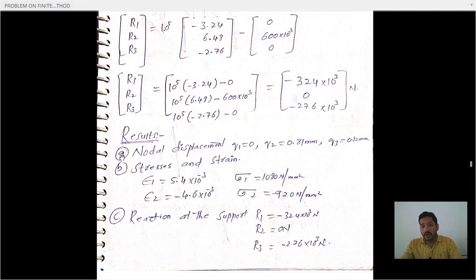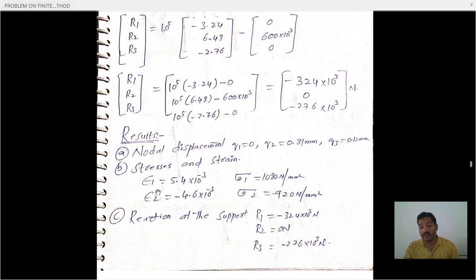First of all, the nodal displacement value: q1 is a fixed end, so it is considered as 0, and the nodal displacement q2 we got here is 0.81, and q3, the nodal displacement, because of the gap between the third node and the fixed end, is 0.12 mm. After that we need to find out the stresses.